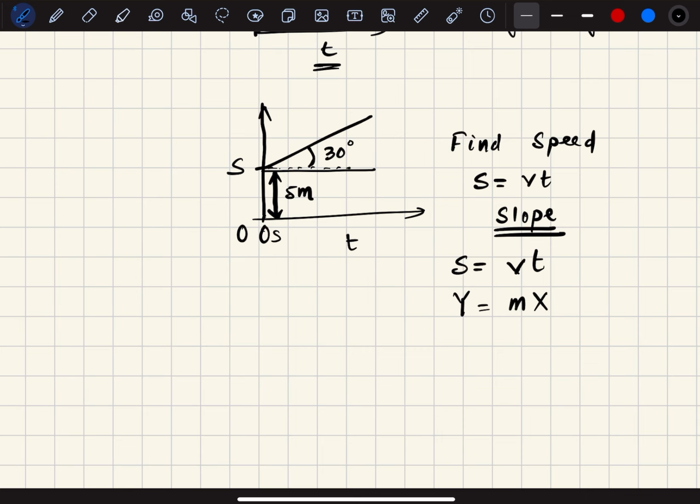But originally the distance is 5 meter, so whenever time is equal to 0, if you put time equal to 0, distance will come as 0, but actually it is not 0. It is vt plus 5. Now if you put t equal to 0, then you will get 5 meter, which is correct, right? Here we have some c, that is c is equal to 5, that is why it has intersected over here. Clear to everybody?